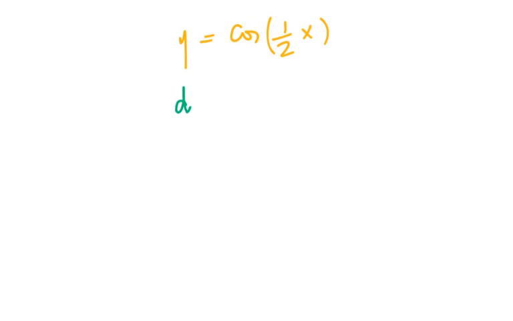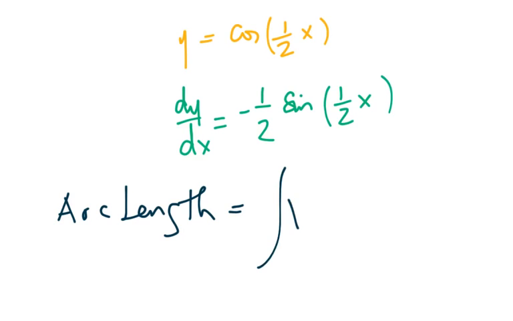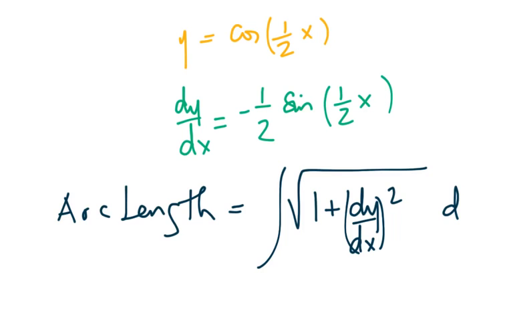So if y equals cosine 1/2 of x, then dy/dx would be -1/2 sine of 1/2 of x. And the arc length would be the integral of the square root of 1 plus (dy/dx) squared dx.